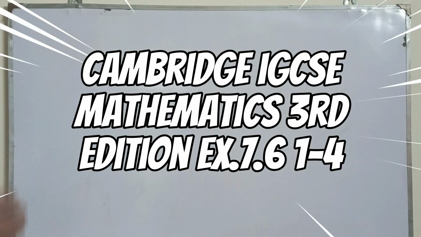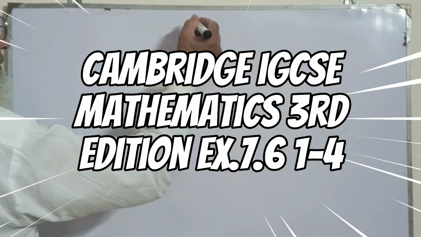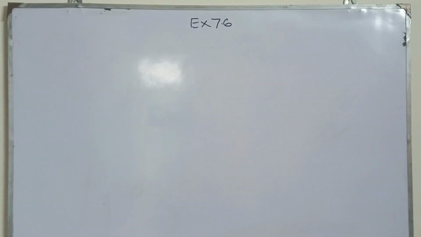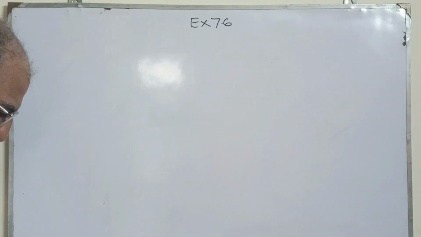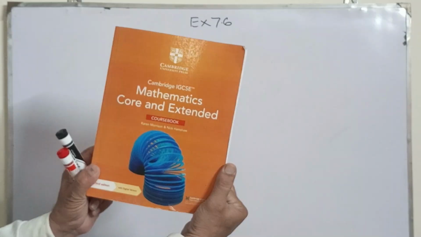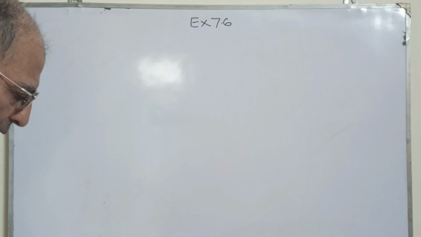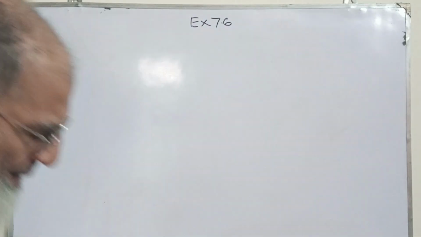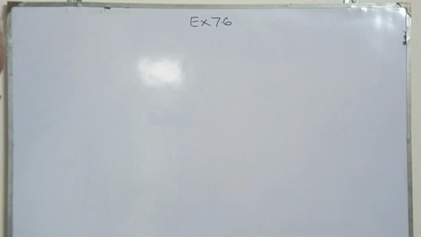Today I am going to solve exercise number 7.6, which is about area and volume. I must tell you that this is the book, exercise 7.6, area and volume.